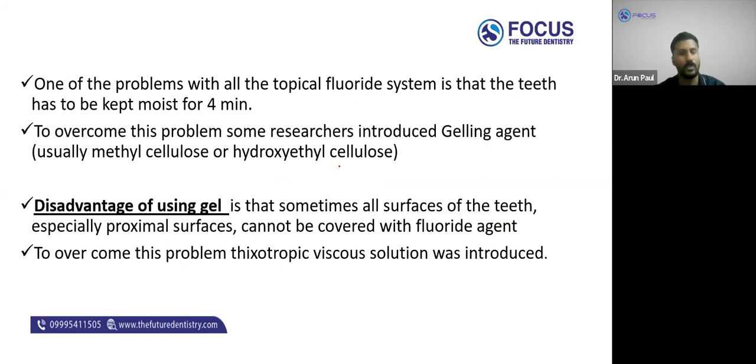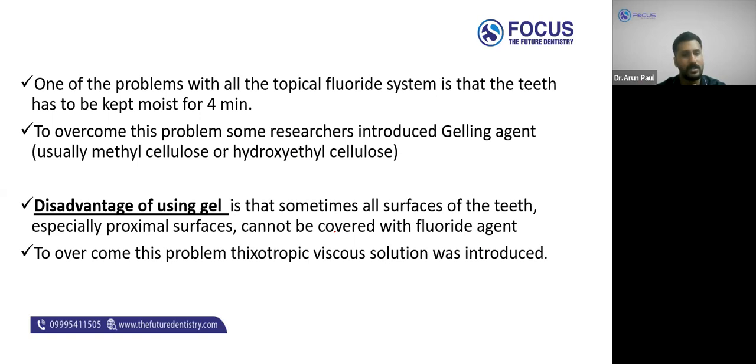Again, one problem with topical fluorides was keeping them moist for 4 minutes. So gel had its own limitation. Nowadays, the type of topical fluorides we come across use a type of agent called thixotropic gels, that is, those which yield under pressure. It is unlike your previous gels, because those gels sometimes don't cover entirely, especially the proximal surfaces.